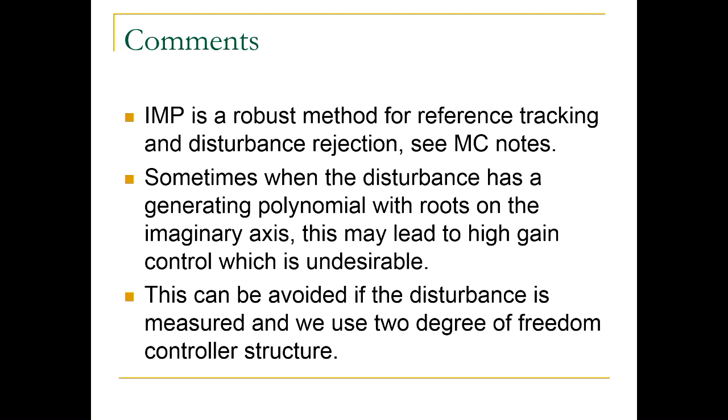You won't lose stability or anything like that. Also, sometimes the internal model principle requires high gain control, so control sensitivity may have peaks, and that's undesirable. That may cause problems, but we will best analyze this with frequency domain methods, which we will start talking about from next week.